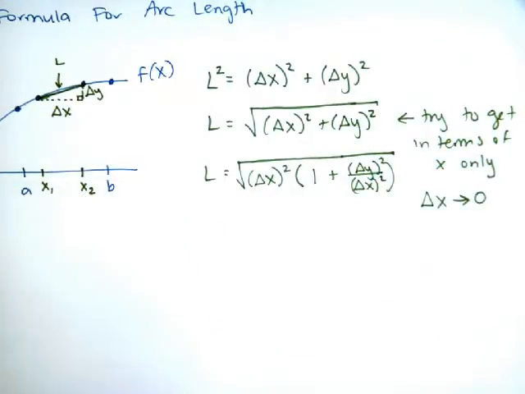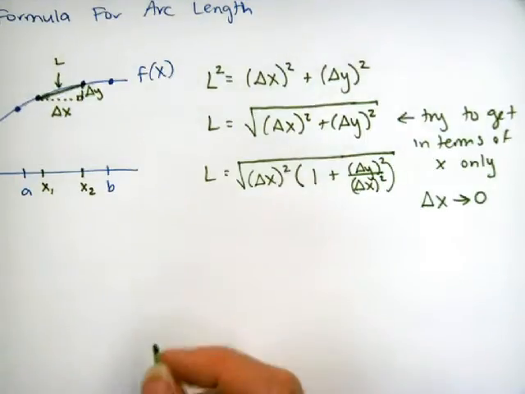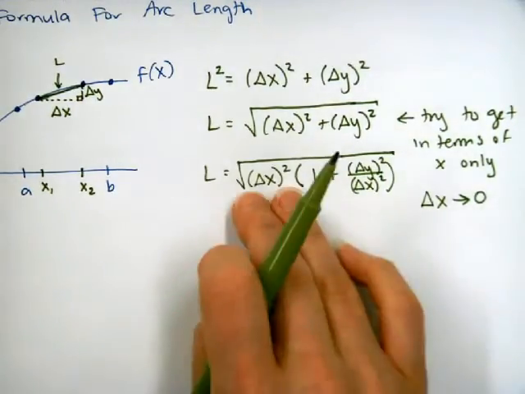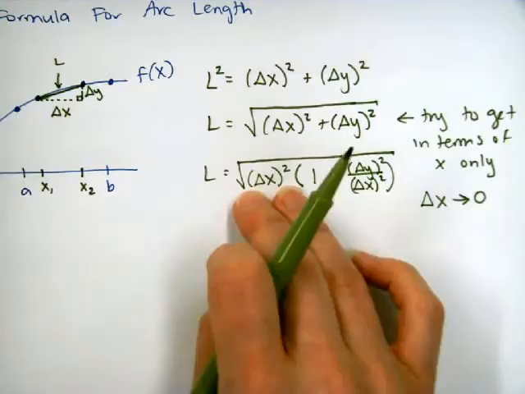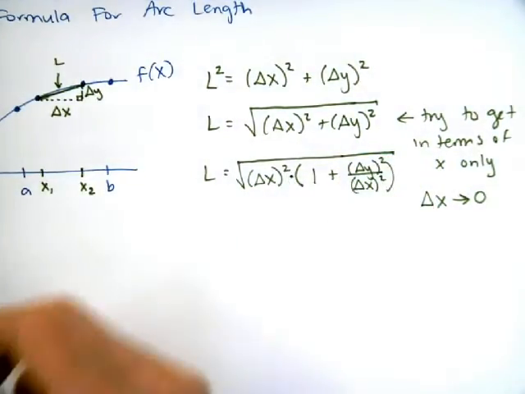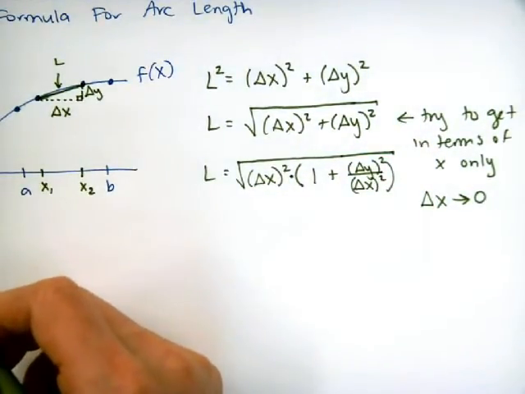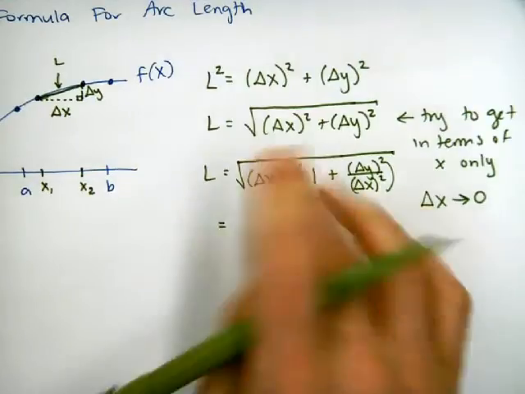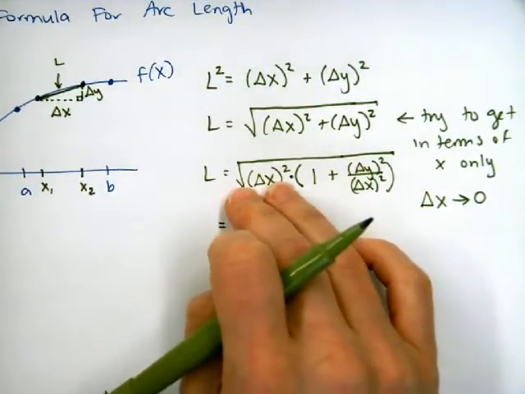Okay, and it's totally fine if you're looking at this going, why the heck is she doing that? That seems weird to me. There's a few reasons why. I'll explain it more once we get towards the end, like why we would want to use this particular technique. It's okay if it's not feeling real intuitive right now. So one nice thing about pulling out this delta x squared is that it creates a product, and when I square root a product, I can square root the first thing and then times square rooting the second thing. So this could be the square root of delta x squared.